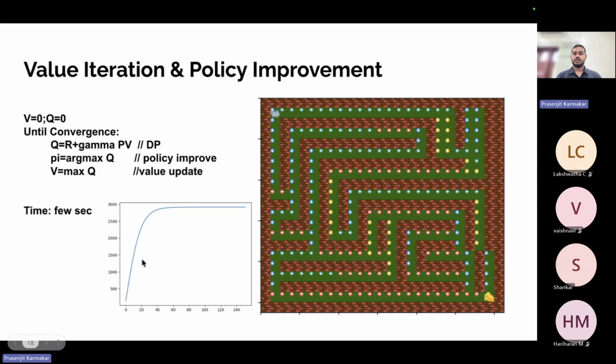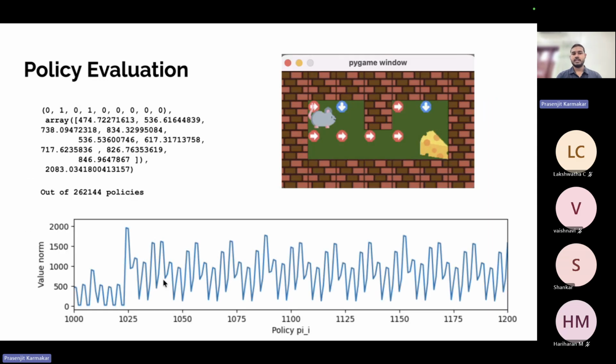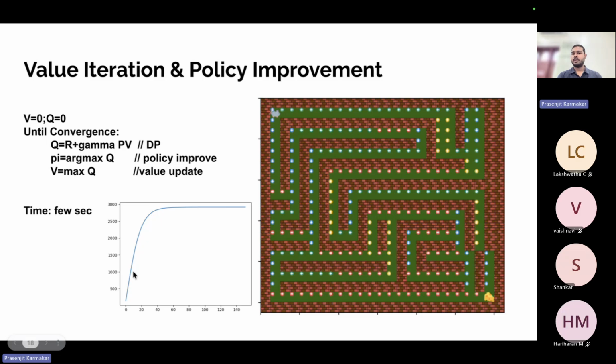So you are not brute forcing all the policies. Rather, we are only looking into whatever is the next best policy. We're always improving the policy, or improving the value function. So in that case, we can converge really quickly, within a few seconds.